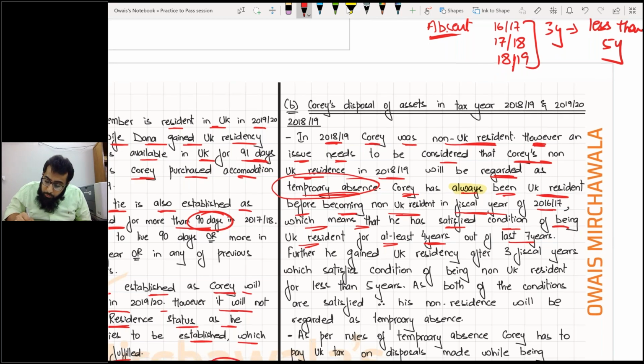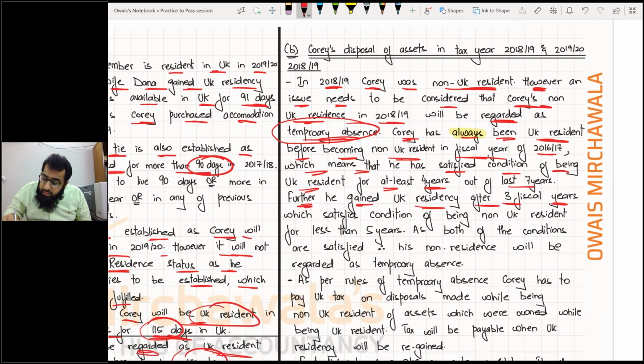Further, he regained UK residency after 3 fiscal years, which satisfies the condition of being non-resident for less than 5 years. As both conditions are satisfied, his non-residence will be regarded as temporary absence.